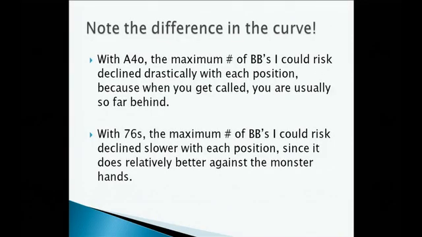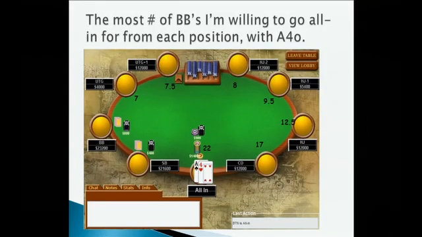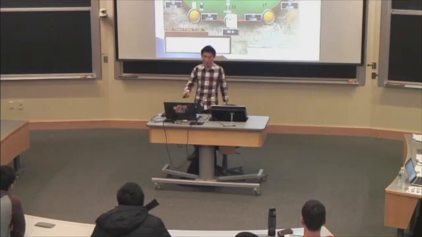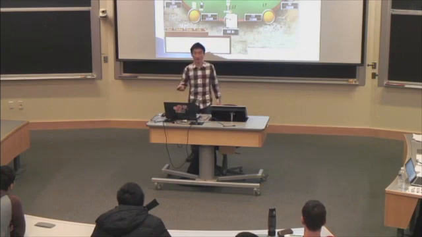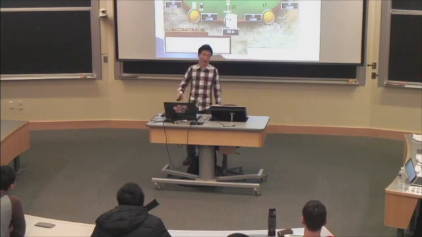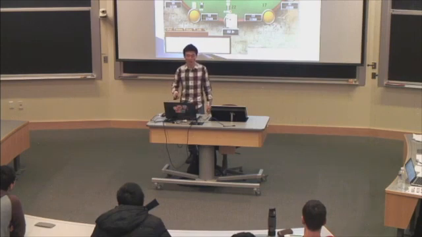So the thing is, these two hands are a bit different. Ace-4 off is a hand that does poorly against good hands, but well against bad hands. Because against a bad hand, your ace-high is going to be good, and against a good hand, you're always going to be dominated. If they call with an ace-jack or a pair of 7s, you're going to be a 30-70, right?